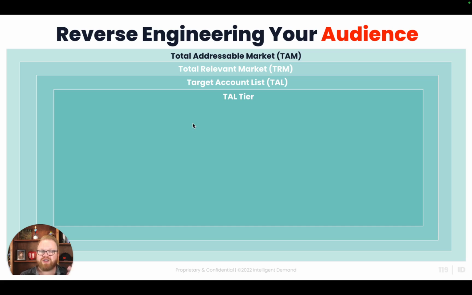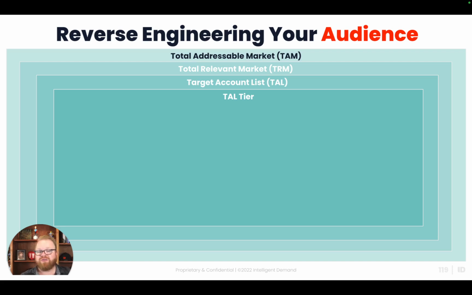But then your target account list gets broken down a little bit further, where you have target account list tiers. Now, the different tiers on your target account list essentially identify how valuable each account is. Specifically, how much money you're willing to invest to try to win that account. A tier 1 account, you're going to be willing to spend tens of thousands of dollars maybe to close that account.